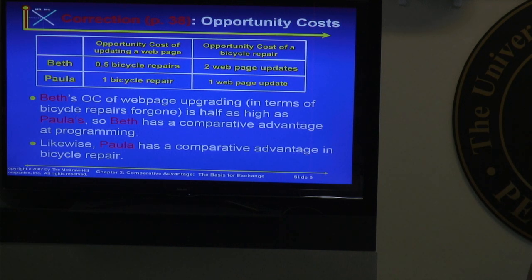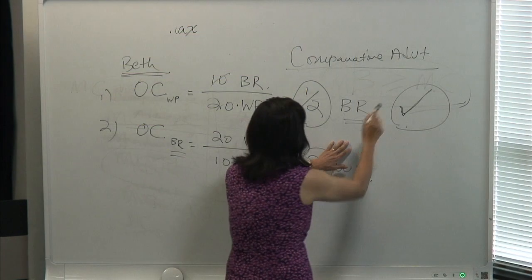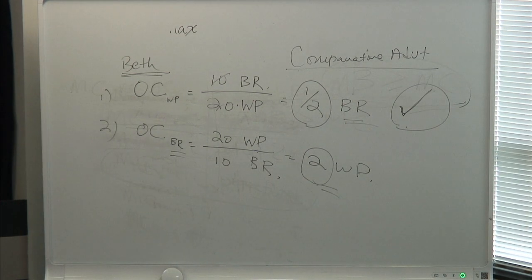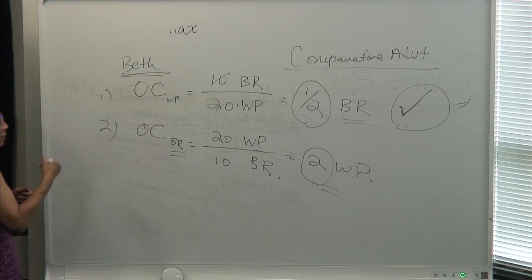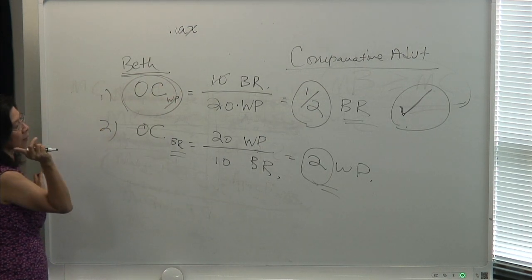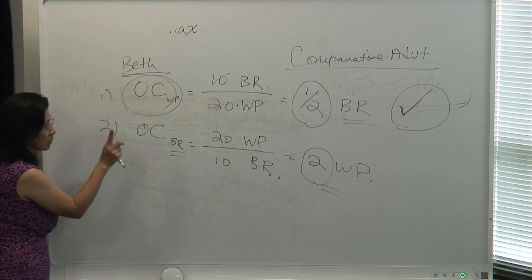Now, I think the difficult part a lot of the time is when you come back to check this, and then students will make a mistake, and I'm trying to point that out here. So remember that in this case, Beth's comparative advantage is in web page upgrade, whereas the other lady has comparative advantage in bicycle repair.